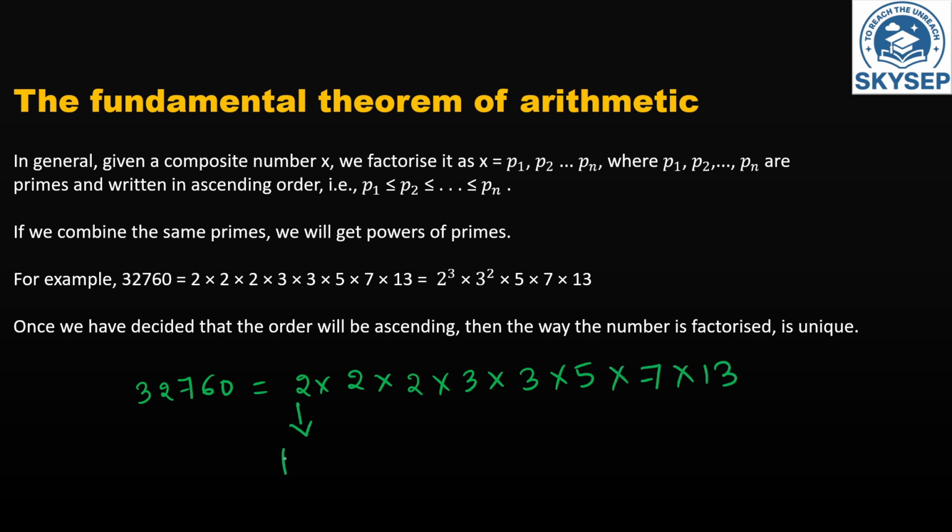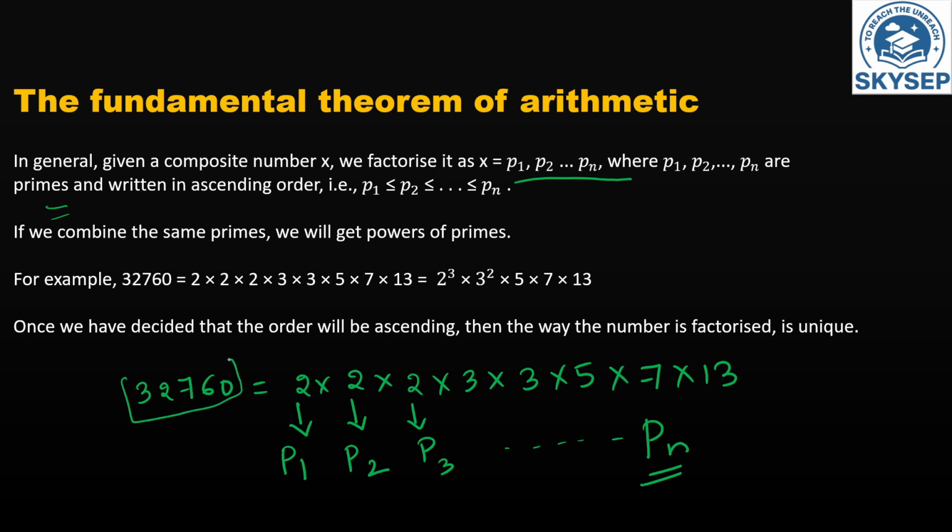In general form, I am representing the first 2 as P1, the second term as P2, P3, and so on. So, in general, for any given composite number x, we factorize it as x equal to P1, P2 up to Pn, where P1, P2, Pn are primes and are written in ascending order.